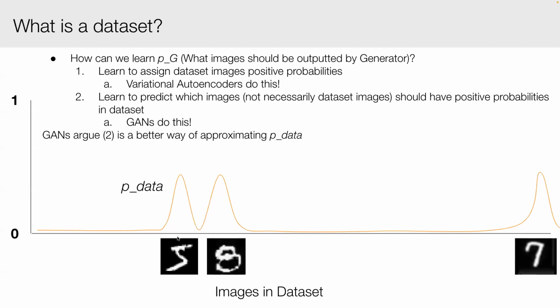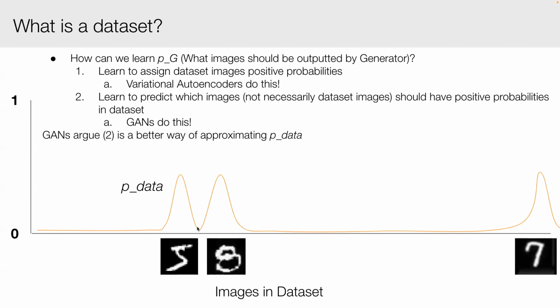We take stuff from our data set and learn to say that number should have 0.3 probability, that should be 0.3 probability, and so on for all 3 images in our data set. Variational autoencoders follow that intuition. I'm not going to go through the math, but it involves calculating the area under the curve of this probability distribution. That's an intractable problem, meaning you can't solve it.